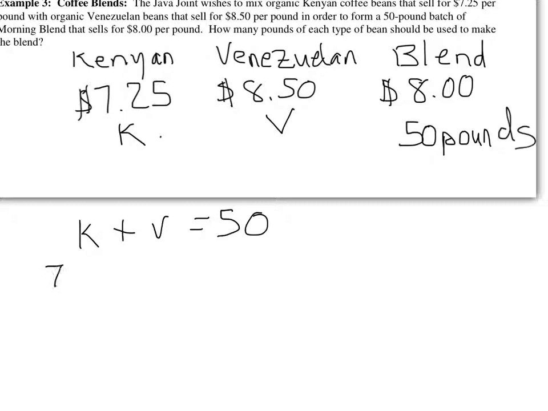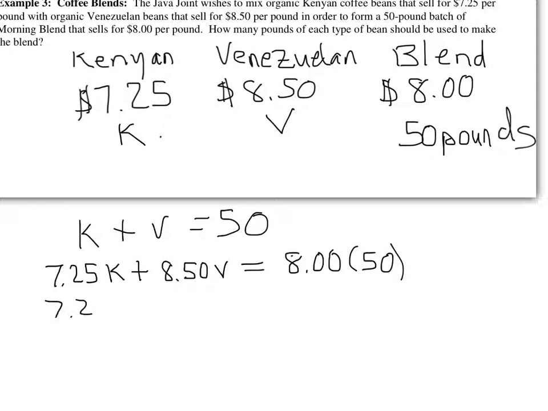We're going to spend $7.25 for every pound that we use. Plus, we're going to spend $8.50 for every pound that we use of the Venezuelan blend. We will get a mixture that we're going to sell for $8 per pound. How many pounds are there? 50.